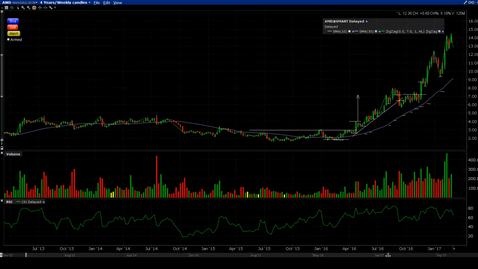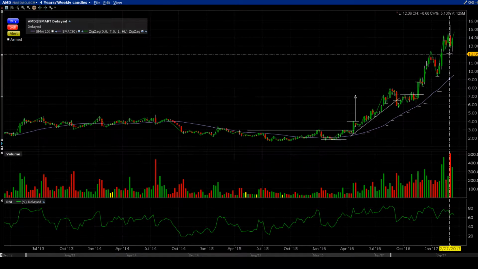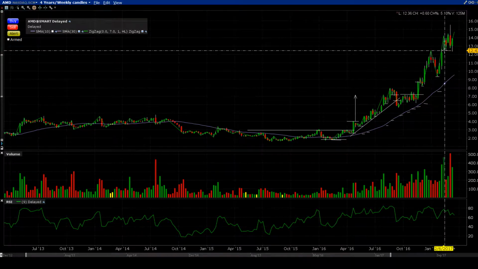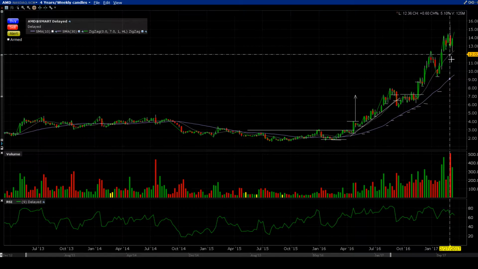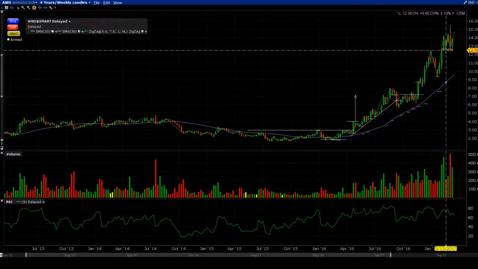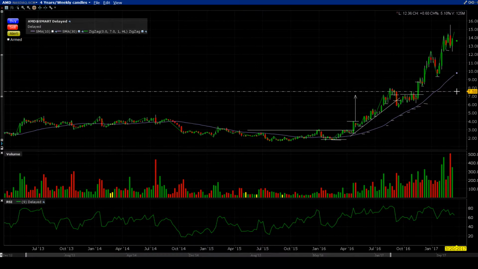All right, let's see. Pullbacks, 7% pullback. Move back to the price action. Largest candle here. Investors move it just up a little bit here.